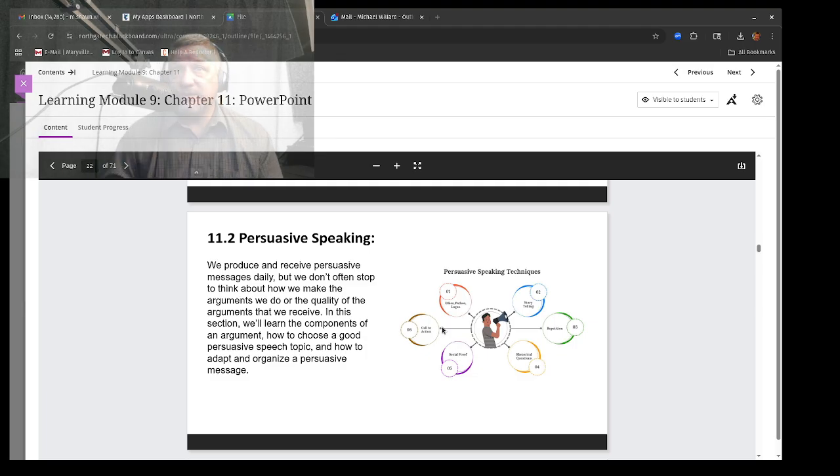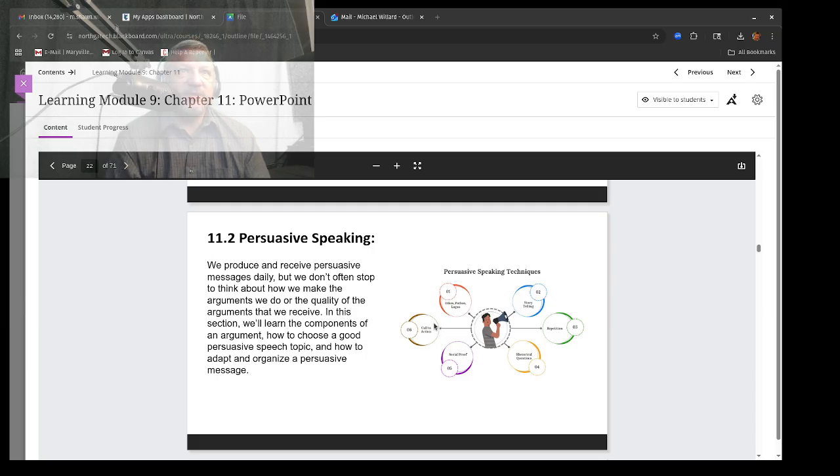So now that we've talked about informative, let's talk about persuasive. We produce and receive persuasive messages daily. If you don't believe me, check out how many times someone has tried to sell you something on social media, on television, on radio. But we don't often think about how we choose to make arguments, or about the quality of the arguments we're receiving, like those commercials.